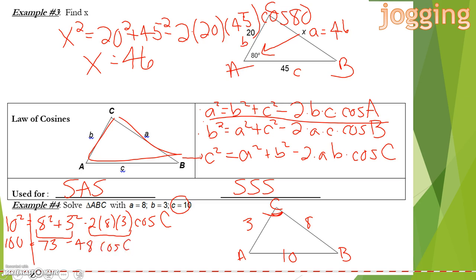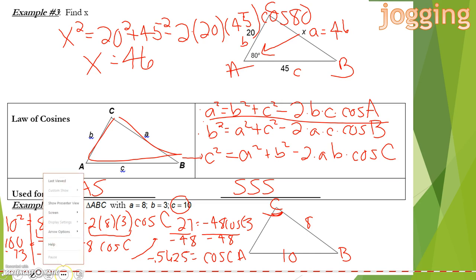So from this point, what you have to do is subtract over the 73. So 100 minus 73 is 27. And then I need to divide over negative 48. And you get a decimal when you do that. You get negative 0.5625.